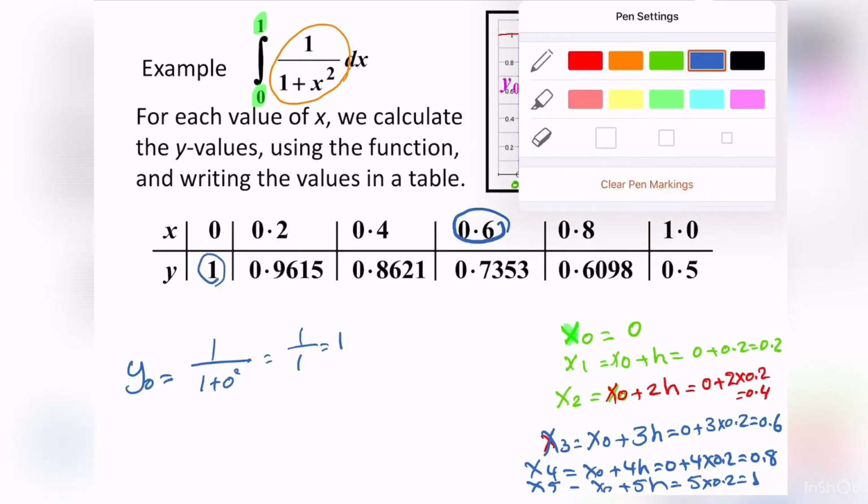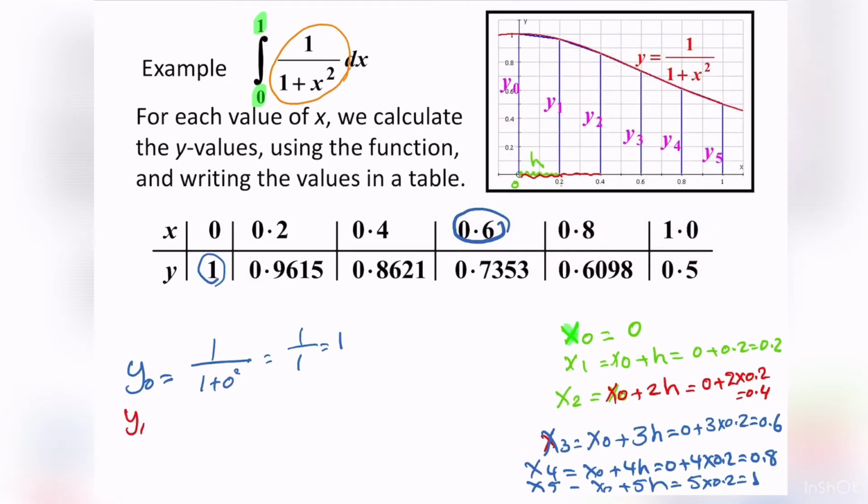Okay, so y1 is 1 over 1 plus x1 squared. So that means 1 over 1 plus, what's x1? The x1 is 0.2, so 0.2 squared. If you work this out, 1 over 1 plus 0.2 squared, you should get 0.9615 in the table.